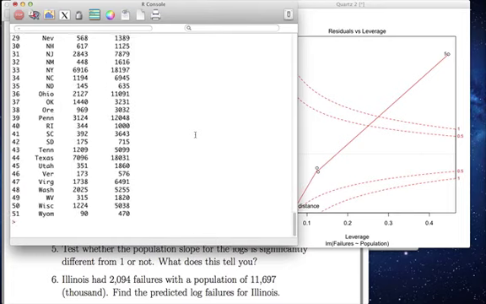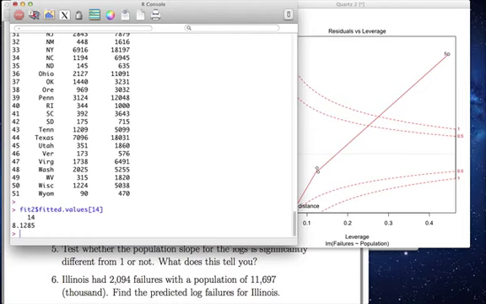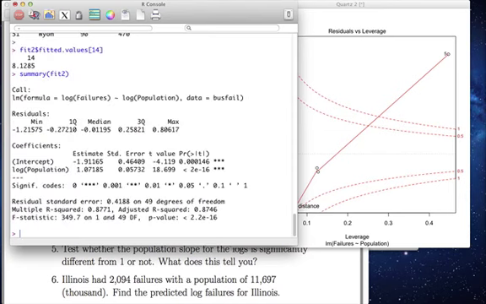And so if I were to take fitted values sub 14, I get the estimated value for Illinois. Now another way to do that, if you're curious about where that came from, it's really minus 1.91165. So that's my intercept. And then I'll copy this down.